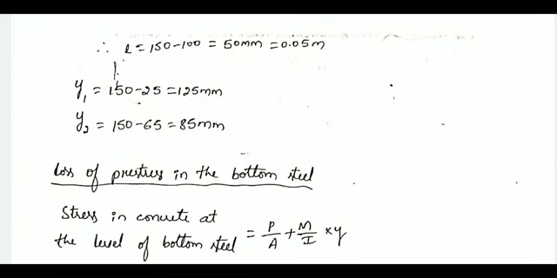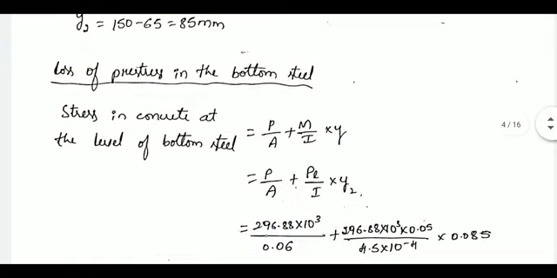So those 3 cables are located 125 mm above the centroid of the section, and y2 similarly: 15 number of cables are located below the centroid of the section by about 85 mm. So those values we need to substitute.